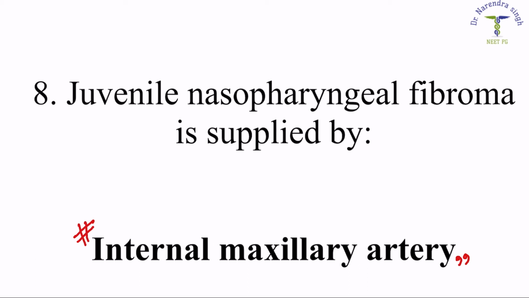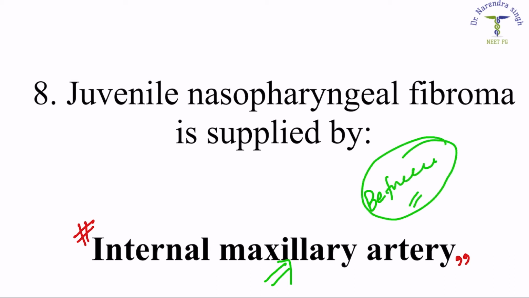So we have to ligate the internal maxillary artery before starting the dissection of nasopharyngeal fibroma, to reduce its vascularity, since we all know once it starts bleeding, it continues to bleed.